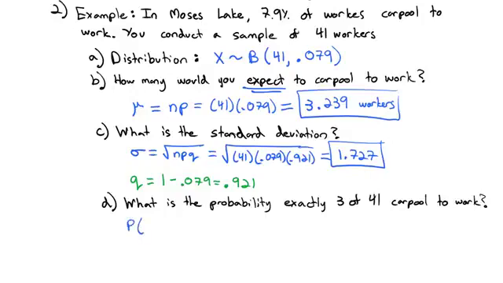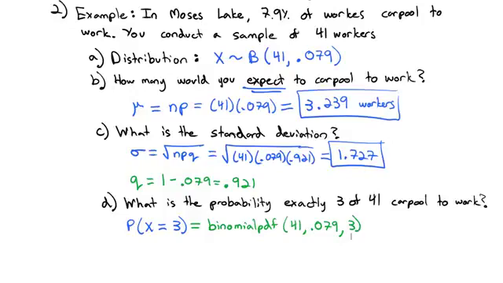In other words, what's the probability that our x, our number of successes, is exactly equal to 3? Well, because I'm looking for a specific exact number, that is going to be the PDF on our calculator. So on our calculator, we're going to do the binomial PDF. And then we do the number of trials, 41, comma, the probability of 0.079, comma, the number of successes we want, which is 3.